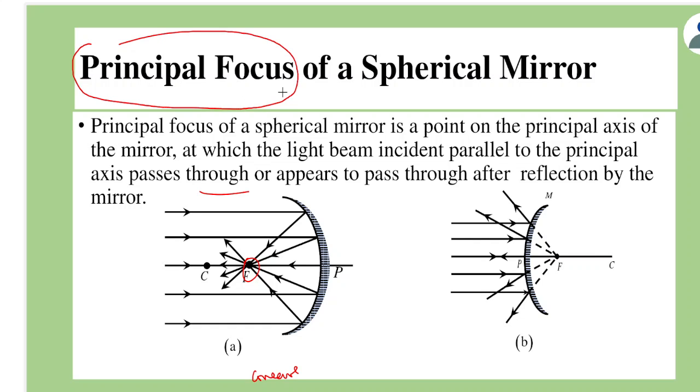Theoretically, a mirror can have infinite focus points, out of which the most important is called the principal focus. Therefore, the distance between the pole and the focus is called focal length. So focal length for a mirror is the distance between the pole and the focus point, or the distance between the pole and the principal focus point.